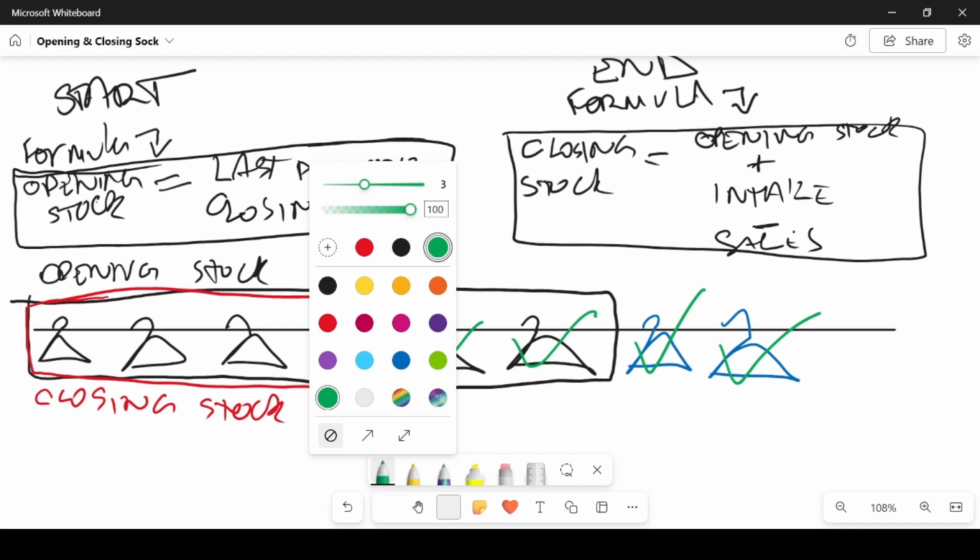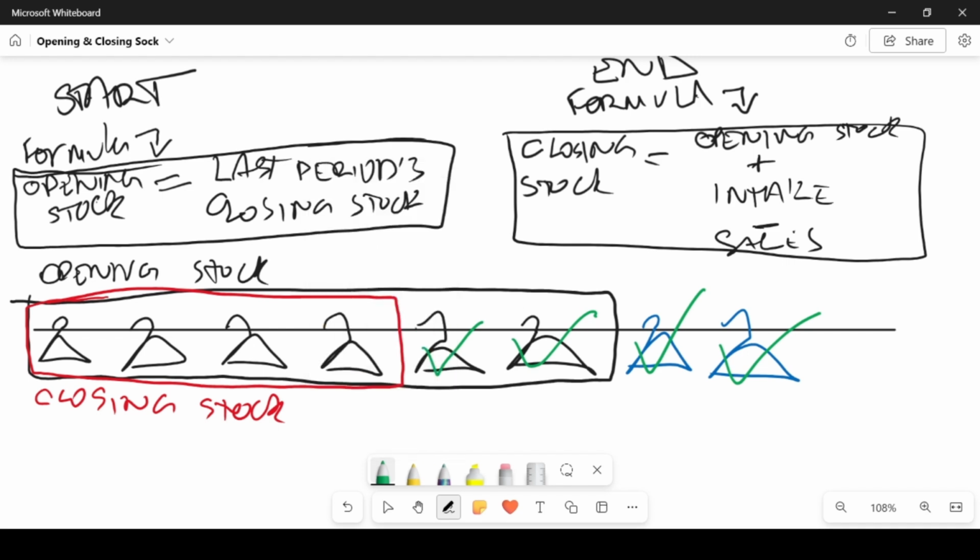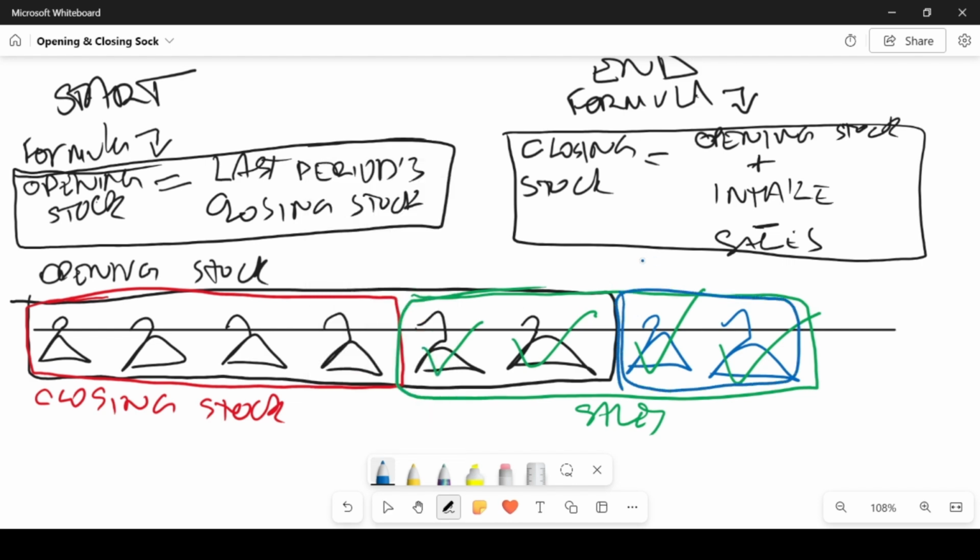The activity that happened throughout the week to determine the difference between that opening and closing stock is obviously our sales and our intake. So our sales was of our 4 items here. And then we had our 2 items of new intake that got delivered throughout the week. And that's how we can analyze this information and know the difference between opening and closing stock and how we get to these 2 points.